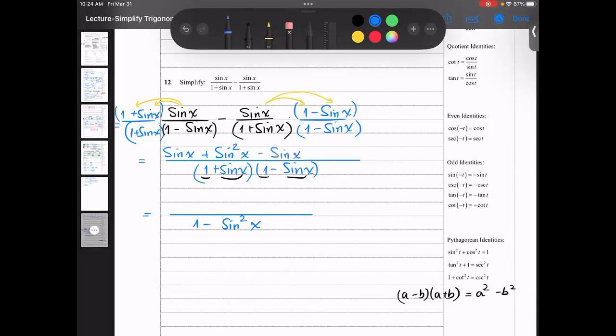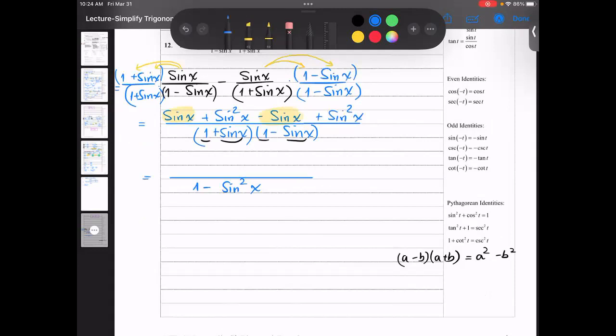Negative sine x times negative sine x is positive sine squared x, right? That one and that one cancel. On the top, how many sine squared x do I have? Two, right? 2 sine squared x.